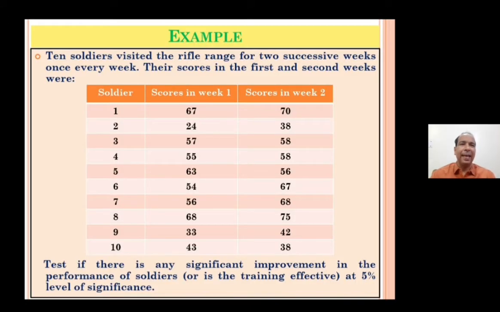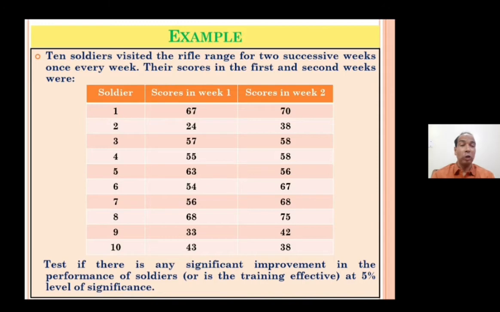Now let's see an example, how we work out this example. There are 10 soldiers who visited the rifle range for 2 successive weeks, once every week. Their scores in the first and second weeks were given for soldiers 1 to 10, week 1 score, week 2 score. Test if there is any significant difference, or say any significant improvement.